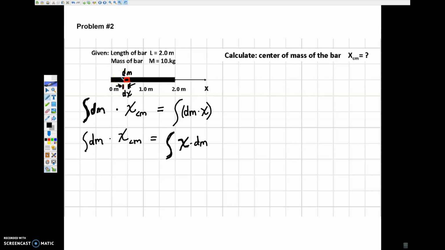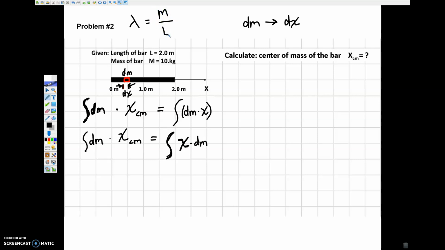So to transform the dm's into dx's, we have to introduce linear mass density. Now you might recall regular density is mass divided by volume. But what we're going to be using is linear mass density, which has the symbol lambda, which is mass divided by length.